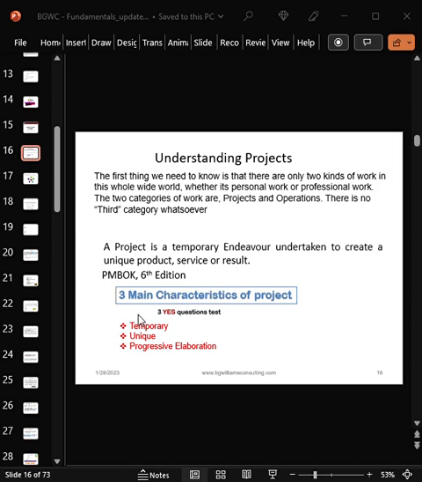So you see that every project must have a beginning date and an end date, which makes it temporary. Every project must have a unique outcome, which means either a service, a product, or a result, something that has not been done before.